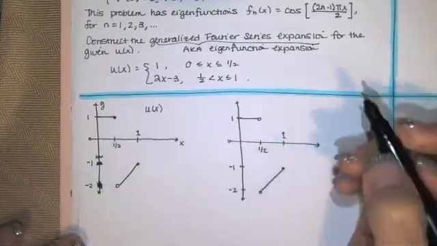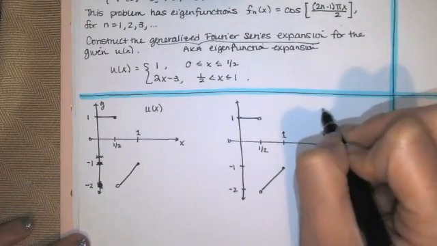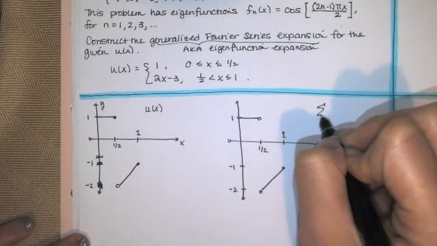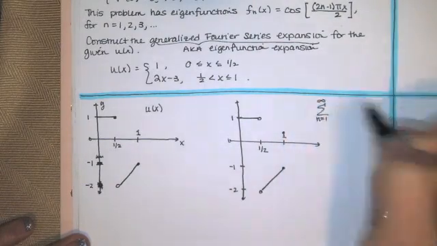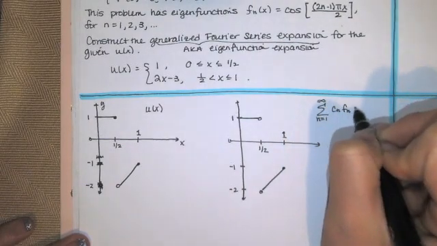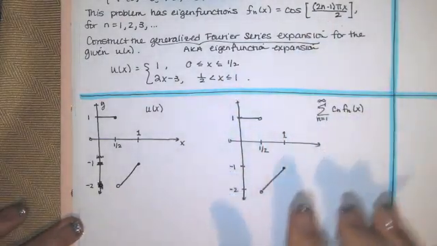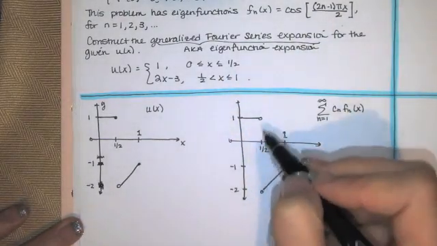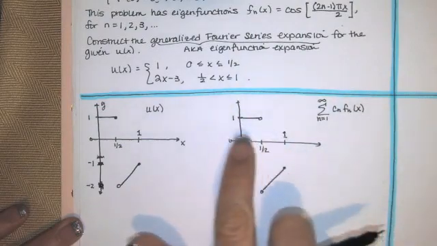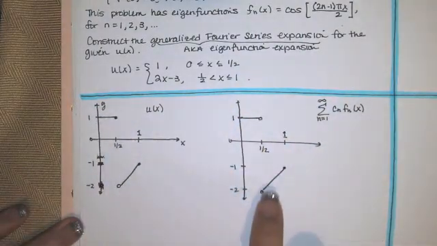Now this series that we'll come up with, the sum as n goes from 1 to infinity of c sub n times f sub n of x, where the f sub n of x are these functions here, that series will converge to this. But it's going to converge to u of x when u of x is continuous, and it's going to converge to the average of these two limits when u of x is not continuous.